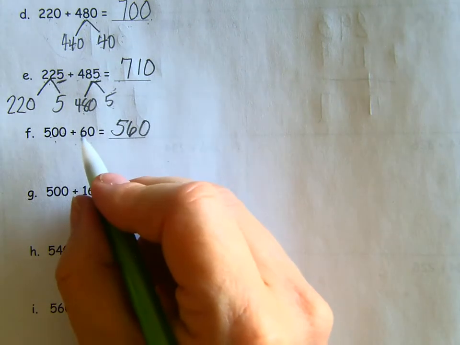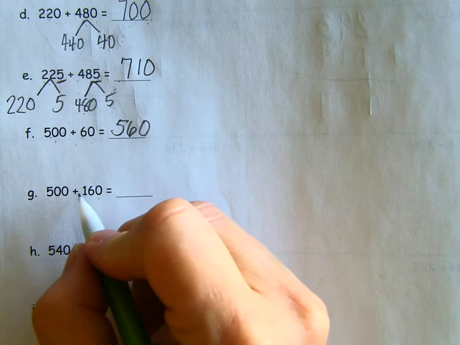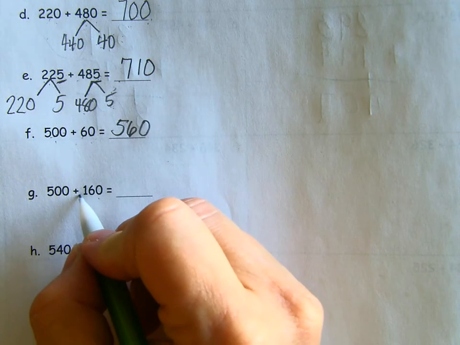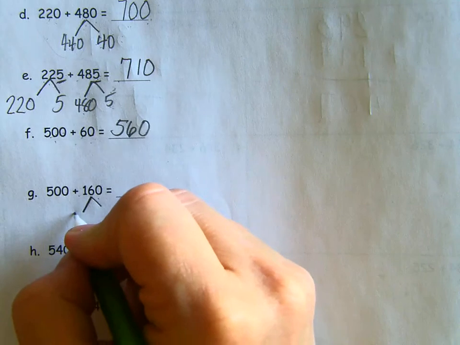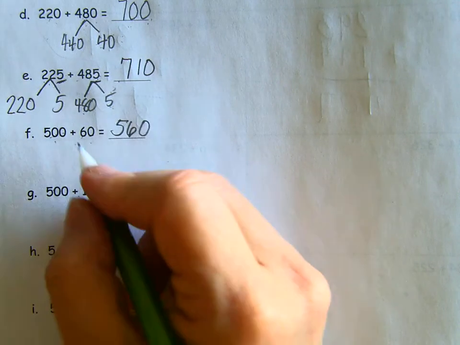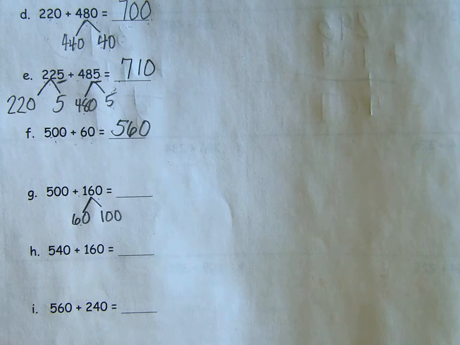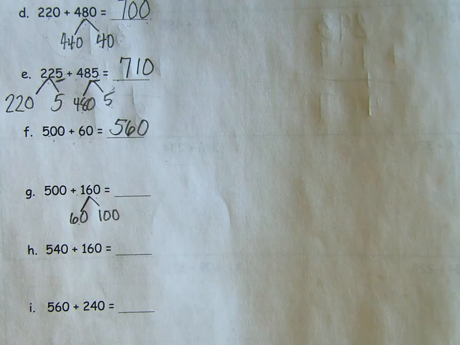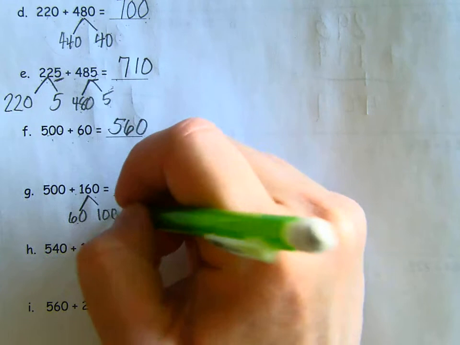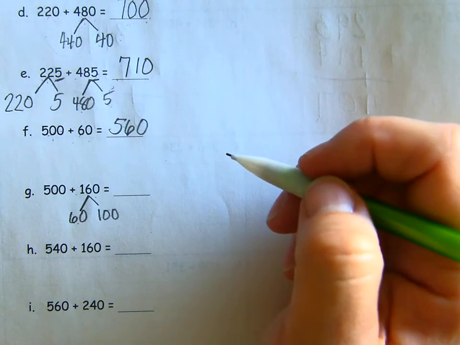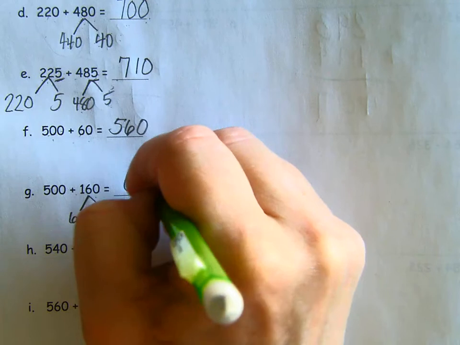Instead of 500 plus 60, we have 500 plus 160. We still know what 500 plus 60 is. Now we've just got another 100 added in. So it's going to be this answer plus another 100. 660.